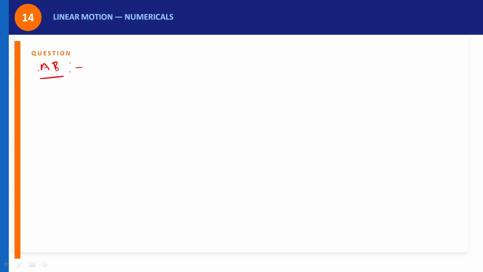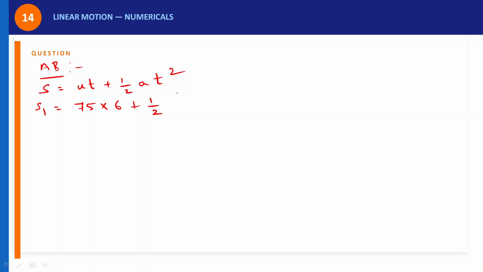I will use the kinematics second equation. s equal to ut plus half a t square. So I will take s1 equal to u is 75 meter per second, time is 6 seconds, plus 1 by 2 into acceleration.